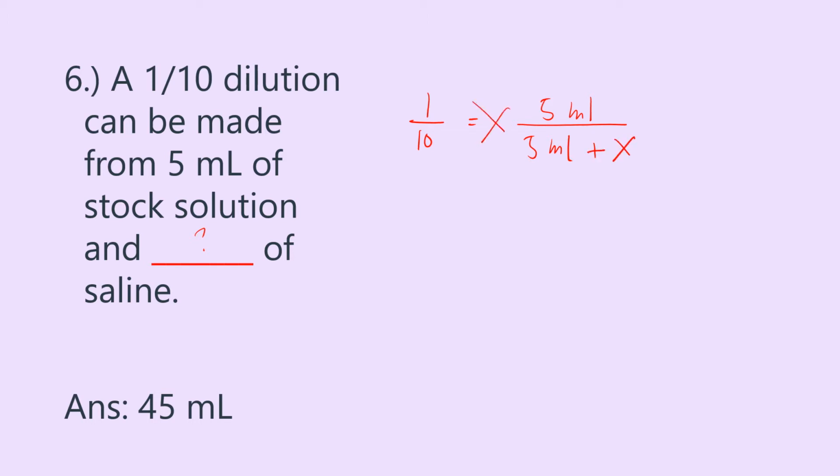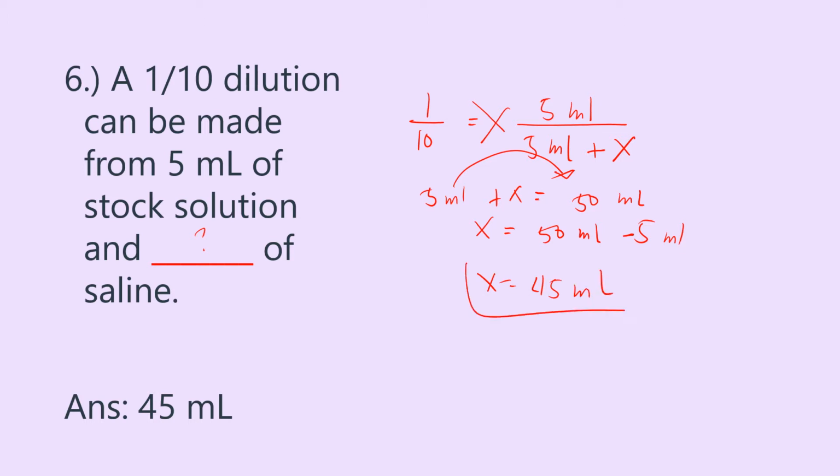So you have to cross multiply. You have 5 ml plus x is equal to 50 ml. So you are going to transpose 5 ml to the other side. You have x is equal to 50 ml minus 5 ml. So x is equal to 45 ml. Okay, so this is now the final answer.